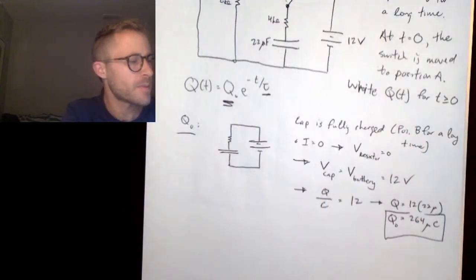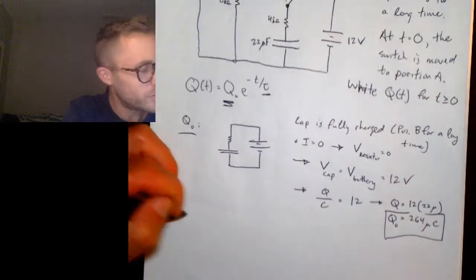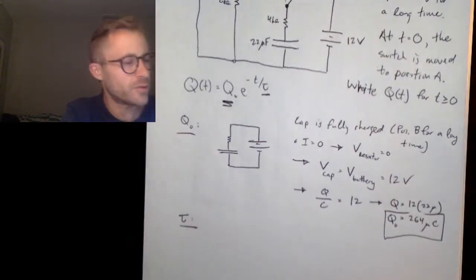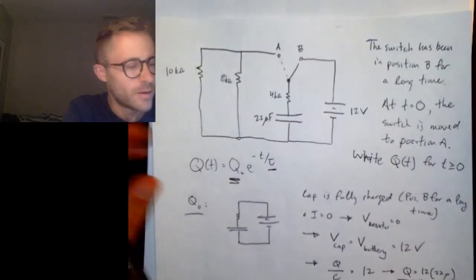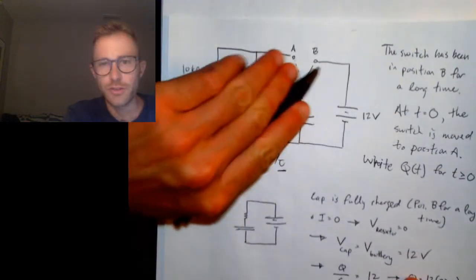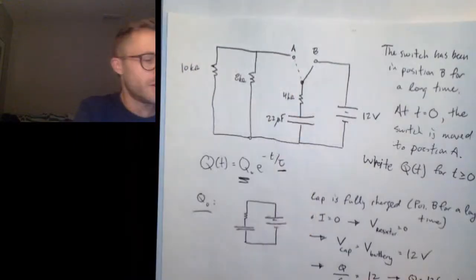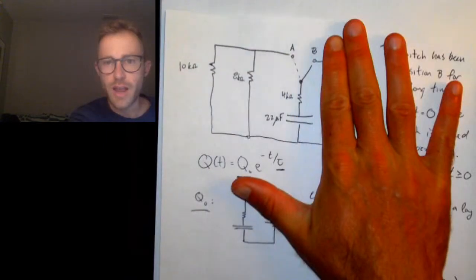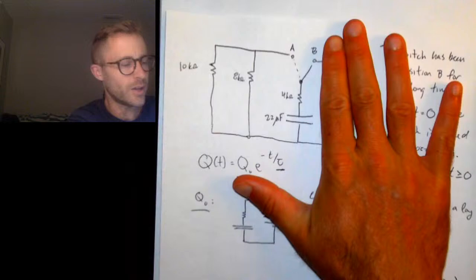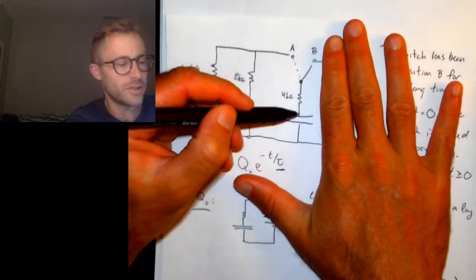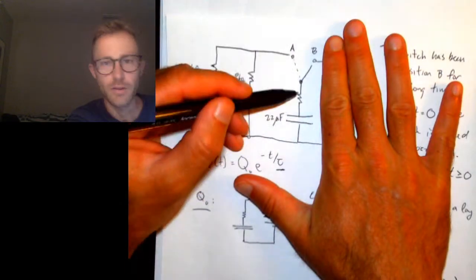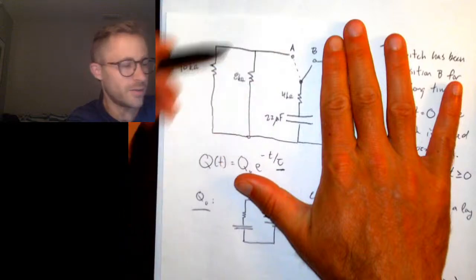Okay? So now we got to figure out what is tau. What is the time constant? Okay? So after the switch moves over to the other position, then we can forget about the right-hand side of the circuit. So now the capacitor is going to discharge through this resistor and these 2 resistors.